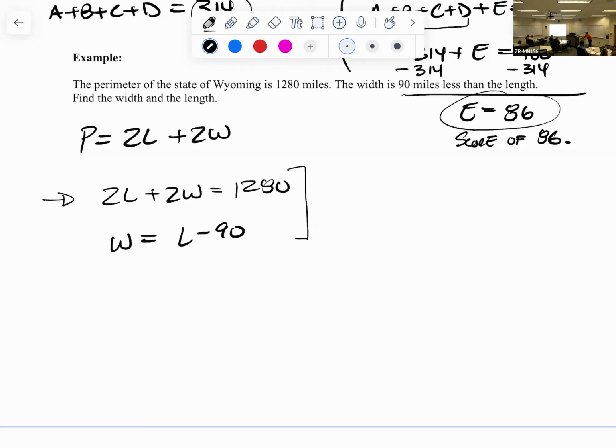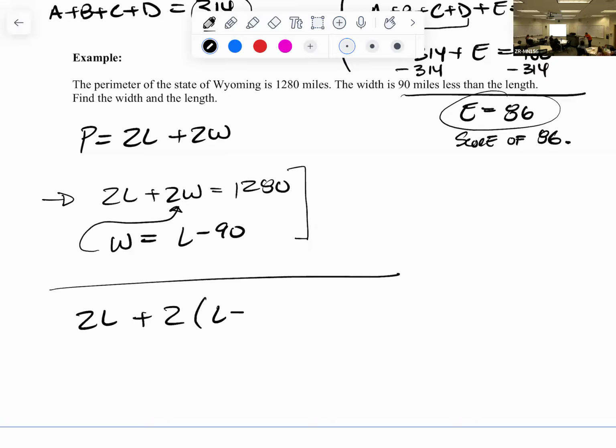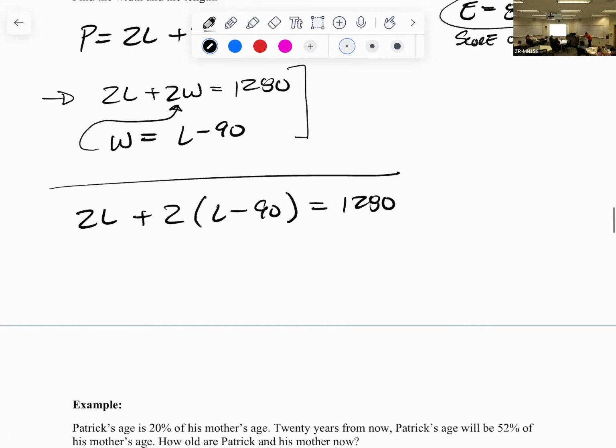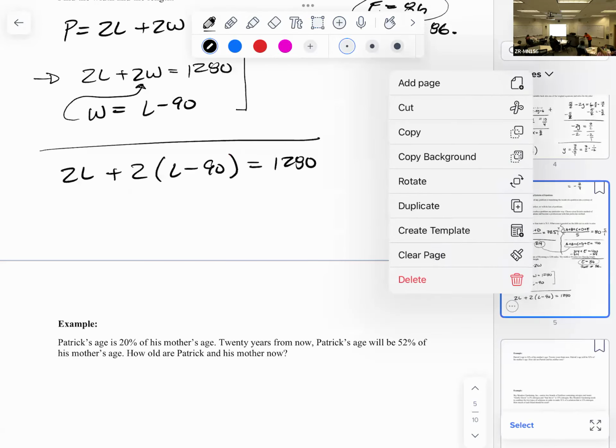So with this, all right, this is one that lends itself to substitution again. Let's take the W and plug it in. Get multiple variables down to one variable.